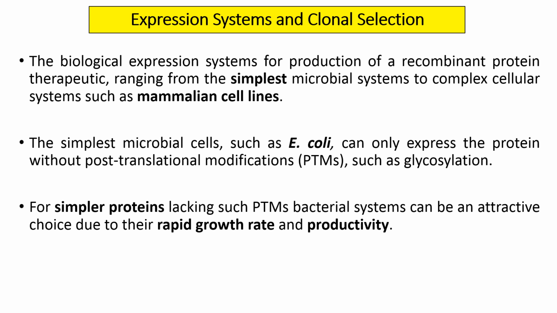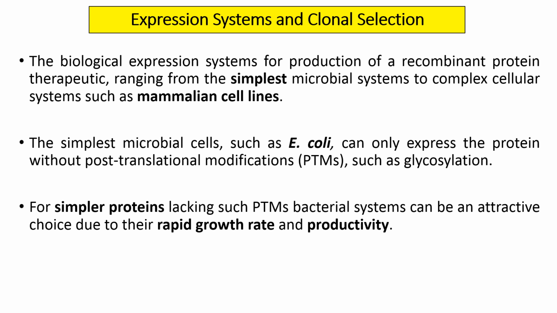So if we want to start with the simplest, microbial cells such as E. coli, E. coli can only express protein, as we know, without post-translational modification like glycosylation. They produce the protein effectively but without any post-translational modification.